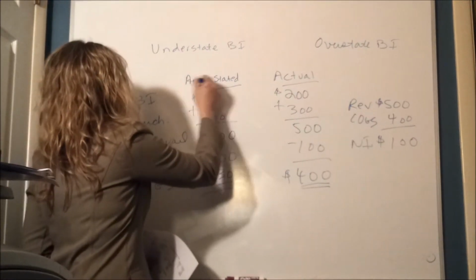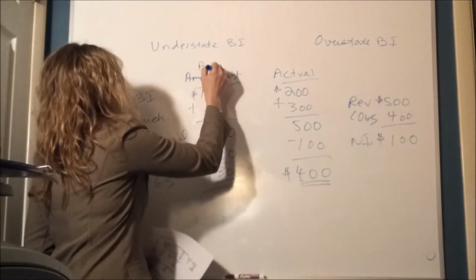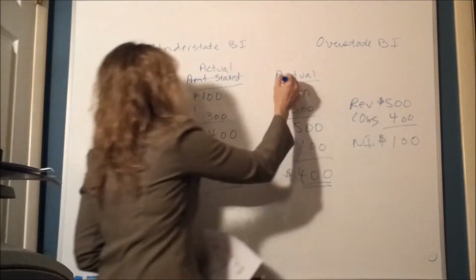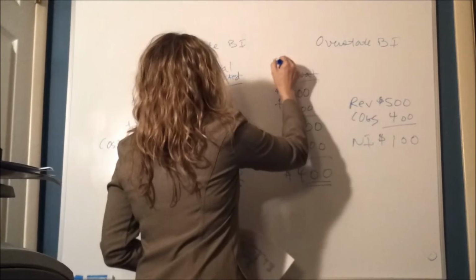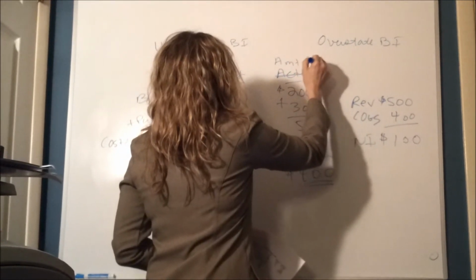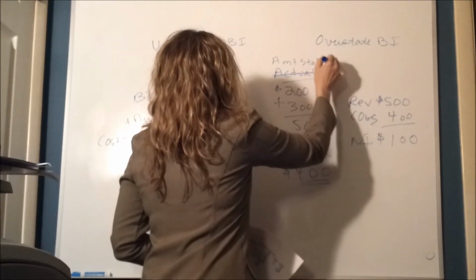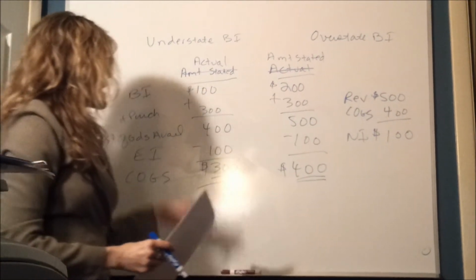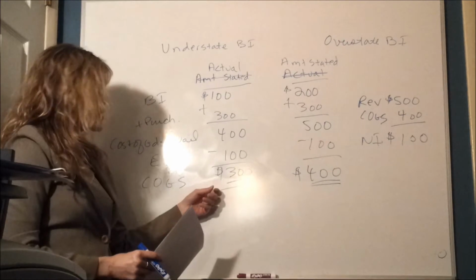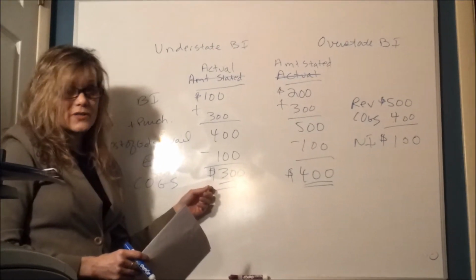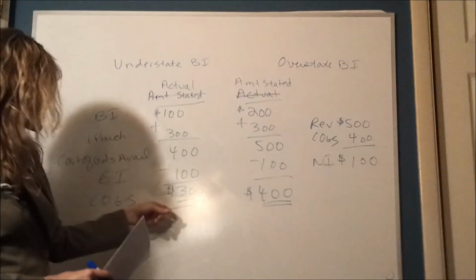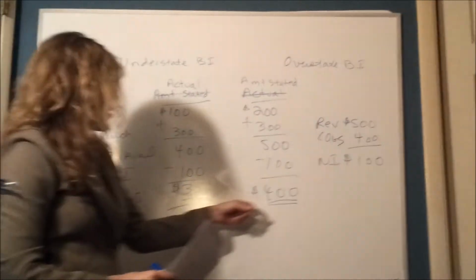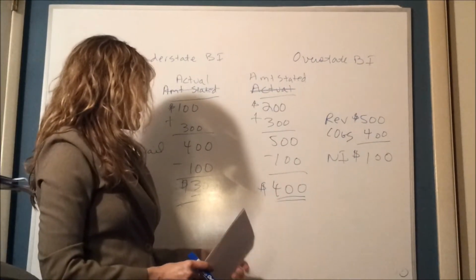Let's say it's the reverse, and the actual amount is 100, and the amount we've stated, and this again is for beginning inventory, is 200. In this case, we have overstated our cost of goods sold, right? It was actually only 300. We thought it was 400.